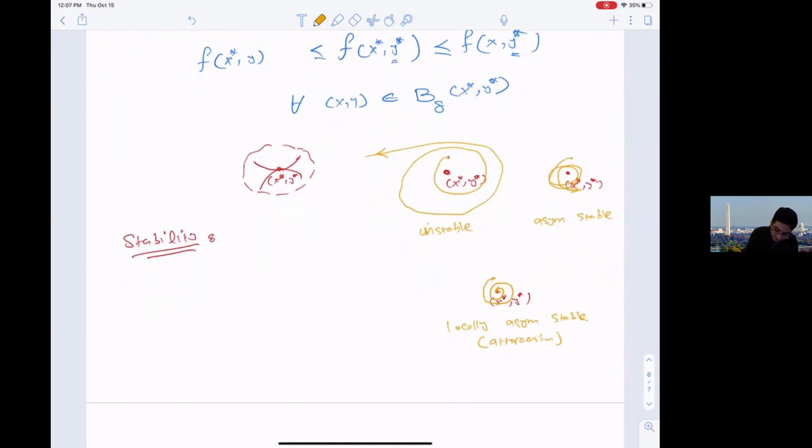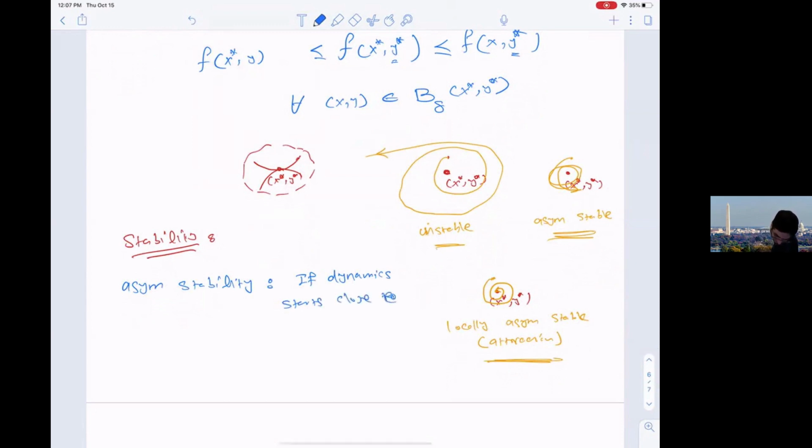So these are three concepts that we care about. Asymptotic stability: if the dynamics start close enough to theta star, then they remain close. That's one definition.